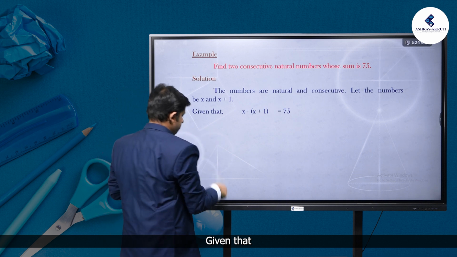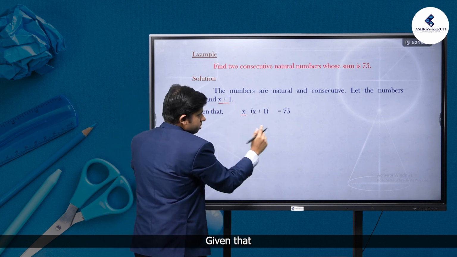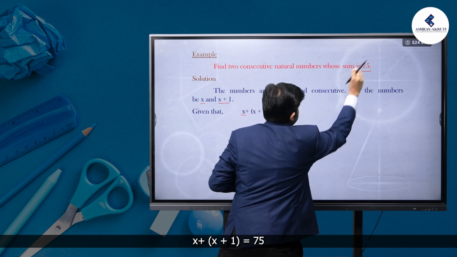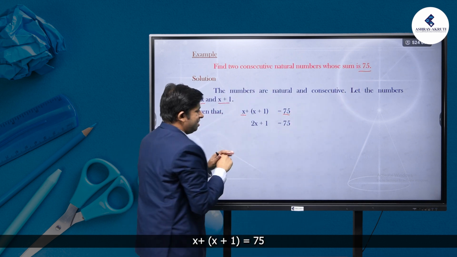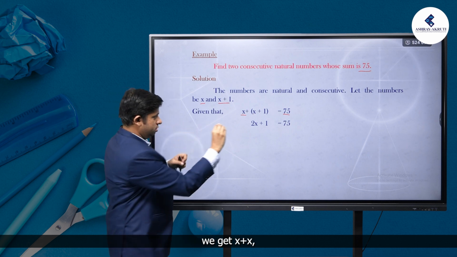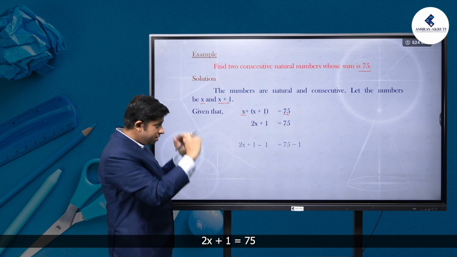Given that x plus x plus 1 is equal to 75. Now opening the brackets, we get x plus x, which is 2x, plus 1 is equal to 75.